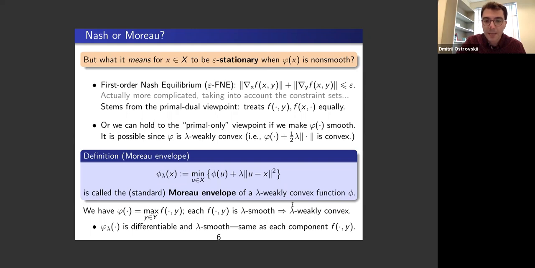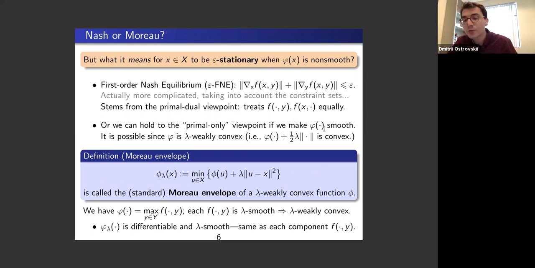Now, first of all, let me just announce that in the next slide I will motivate this Moreau envelope criterion, saying that the smoothing makes sense from the point of view of the initial problem. But before doing that, let me comment that in the non-convex concave setup, it can be shown that these two ways are equivalent in some sense.